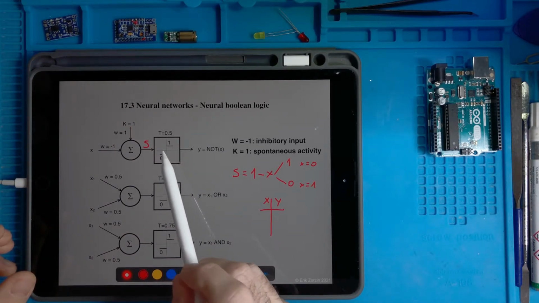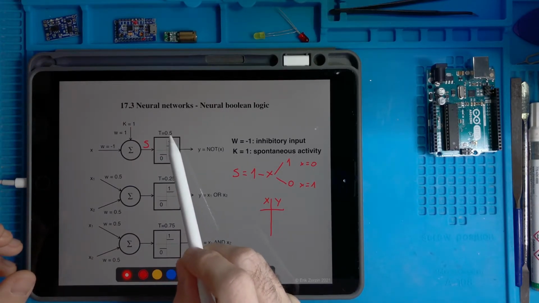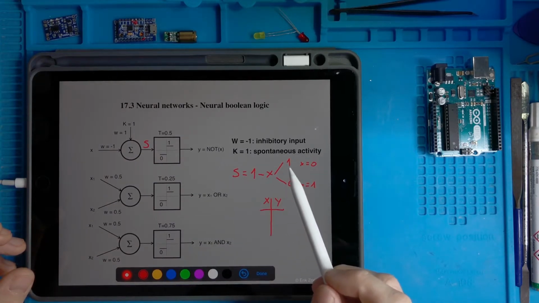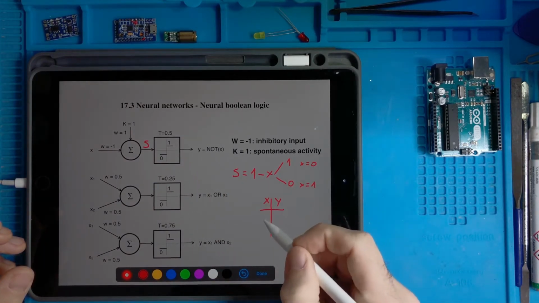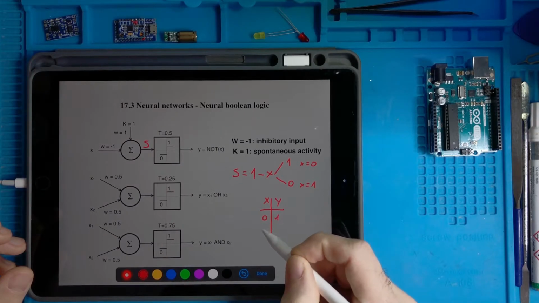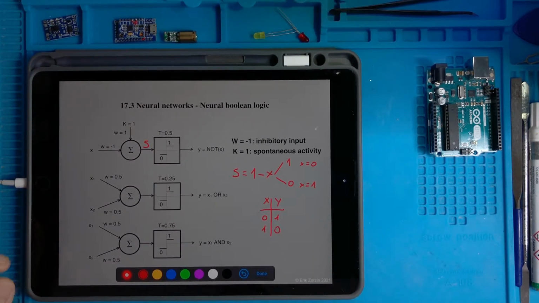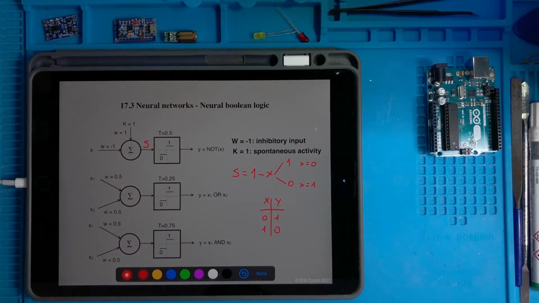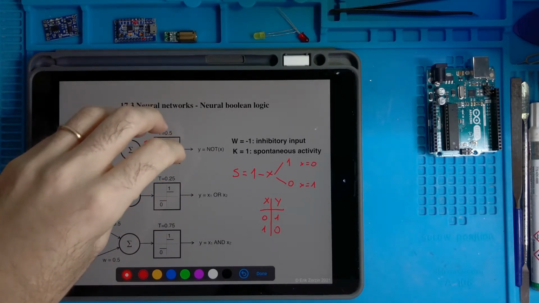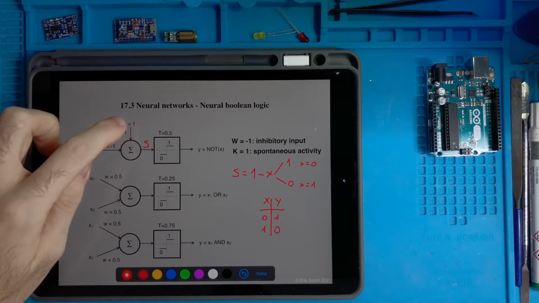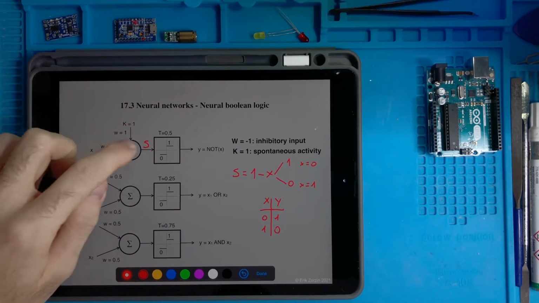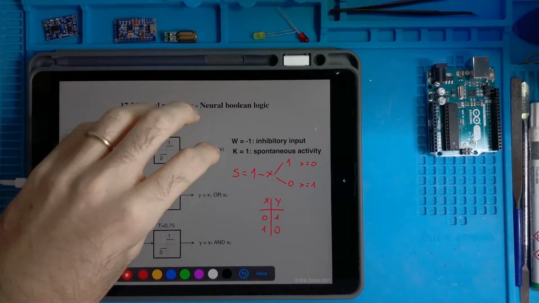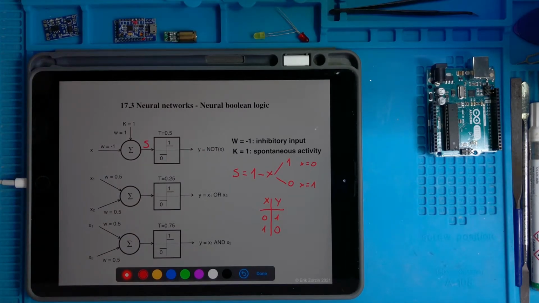And if x is bigger than 0.5, so when x is 1, then the output is 0. And then we have exactly the truth table of a NOT gate. So this neuron, the way we define it with these two inputs, those two weights and this threshold, is implementing a logic function, a NOT gate.